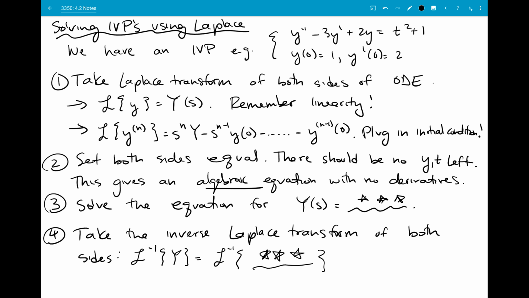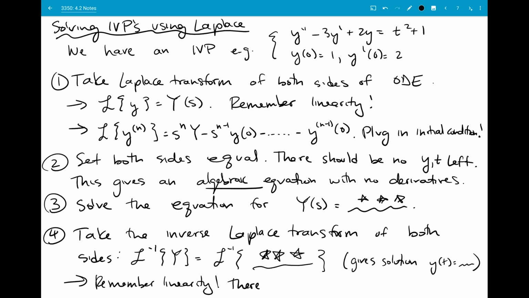And when you do that, you're just going to arrive at your solution, y of t, equal to something. And note, remember that you can use linearity again. And also, I guess that there should be no s's left.